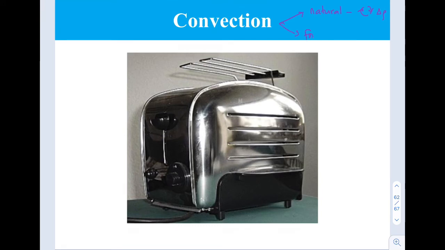But for forced convection, the flow of the material substance is due to a pump or fan, an external agent. That is what we call forced convection.